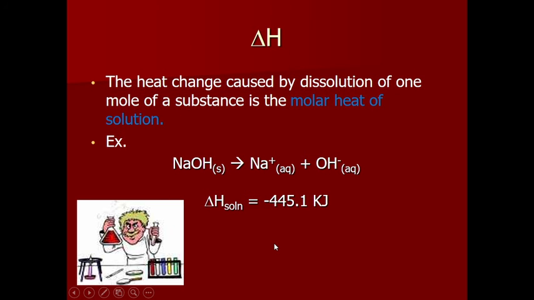The last one is the molar heat of solution. The heat change caused by dissolution of 1 mole of a substance is the molar heat of solution. Suppose we have 1 mole of sodium hydroxide. When we dissolve sodium hydroxide in aqueous solution, it is converted into its respective ions, that is sodium ion in aqueous solution and hydroxide ion in aqueous solution, and the amount of heat involved in this case is delta H solution.